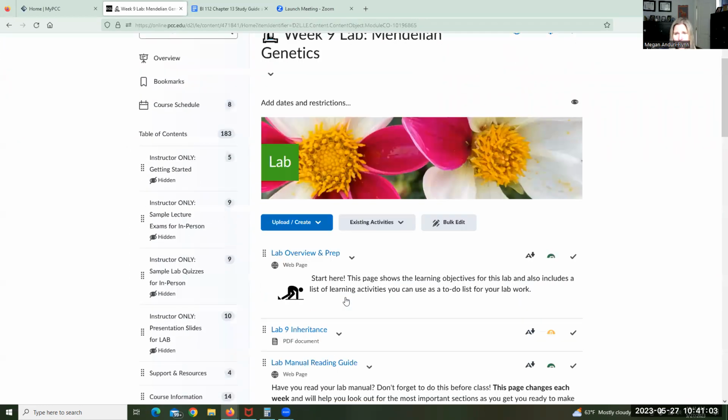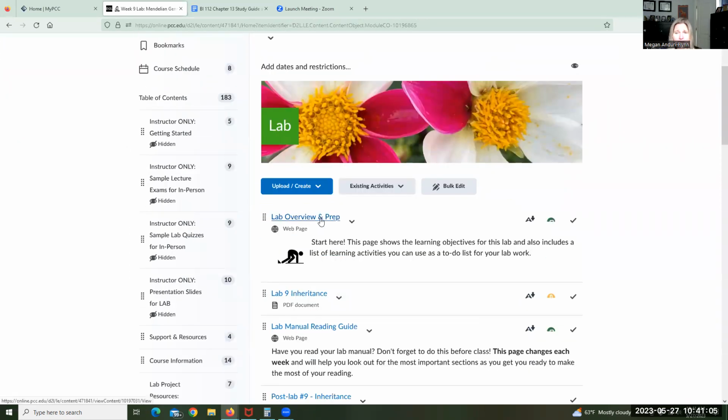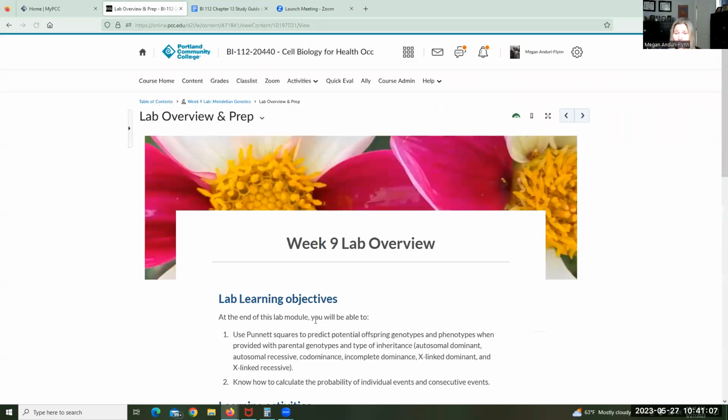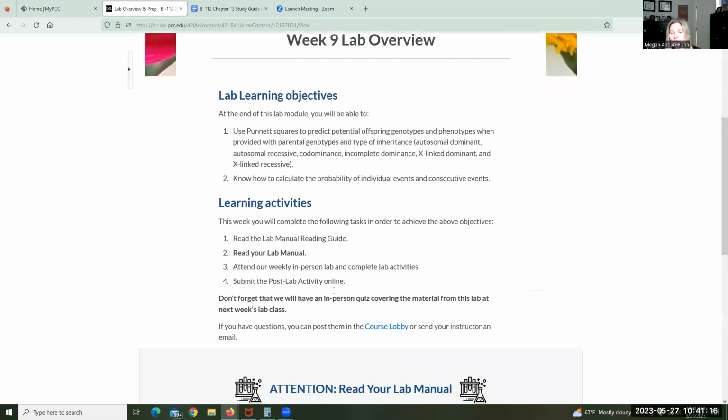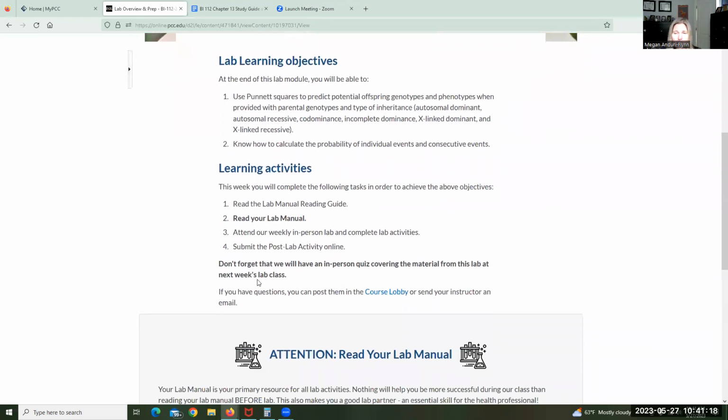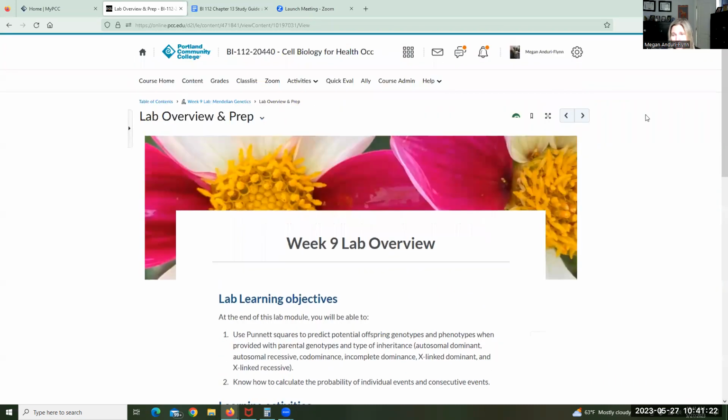For lab this week, we are doing what I like to call Punnett Palooza. So we're going to be focusing in on Punnett squares and how to set them up, how to properly do them. It's a great opportunity for us to practice if we didn't quite get it from chapters 11 and 12.